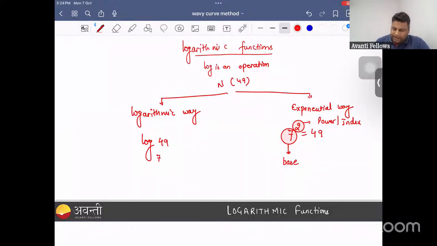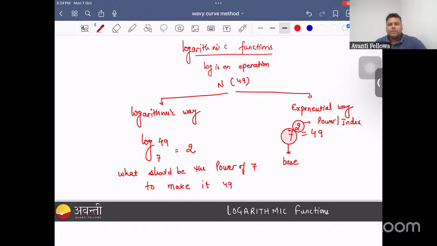So take it like, what should be the power of 7 to make it 49? The answer will be 2. Got it? That is why the answer is 2.